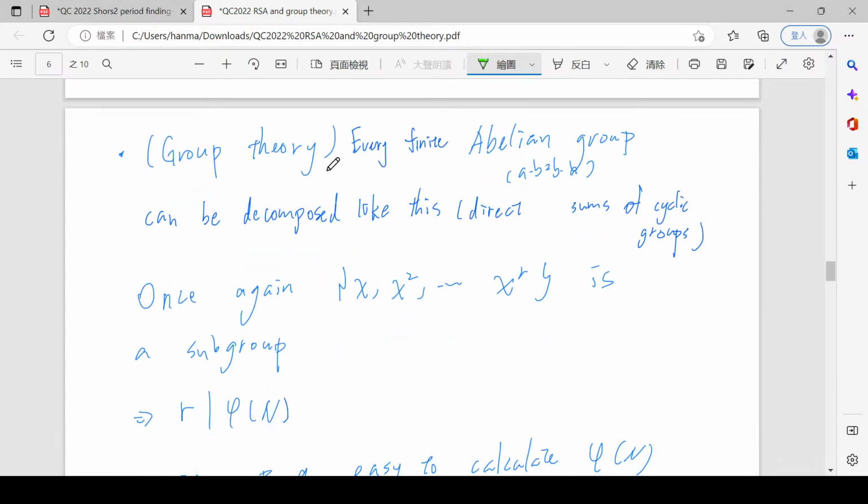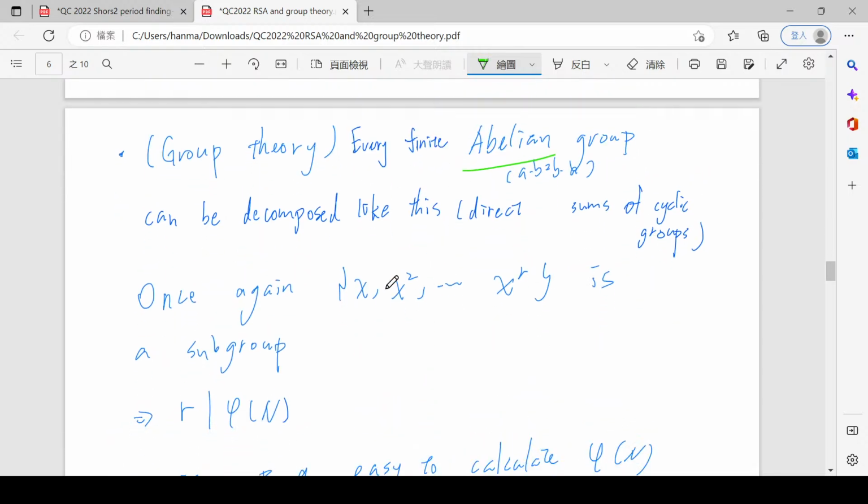Anyway, let's keep going. So now we have more group theory, which we don't quite need. But every finite abelian group actually has a very nice structure result. It says that every finite abelian group you can just decompose into a whole bunch of cyclic groups. It's a different thing.